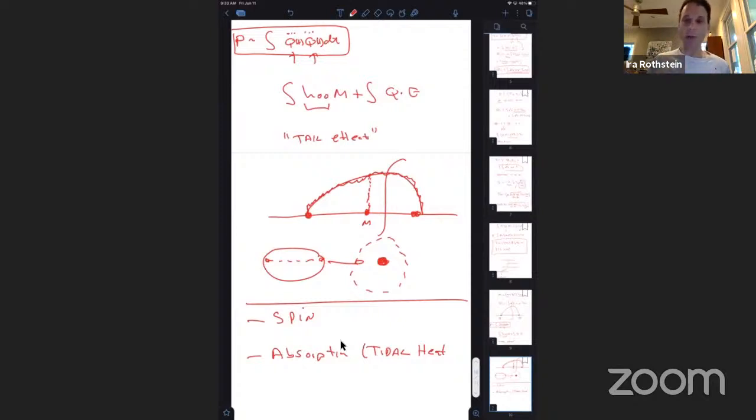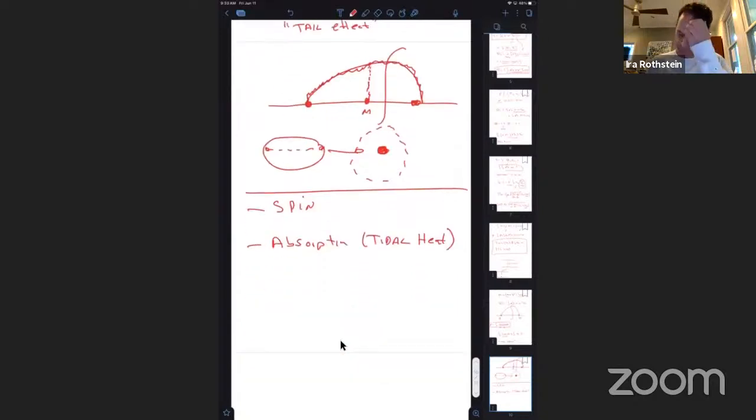In the case of a black hole, the black hole will absorb the energy and grow in mass. And we can actually calculate how those effects change the signal. Those are particularly interesting, of course, for neutron stars, because again, that teaches us something about the internal dynamics of the neutron star. But I've run out of time.